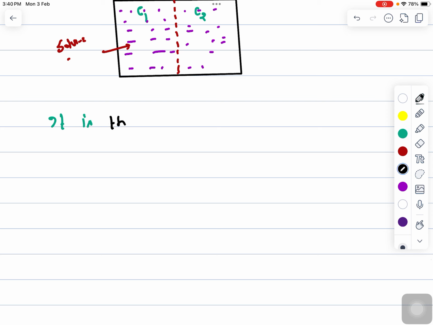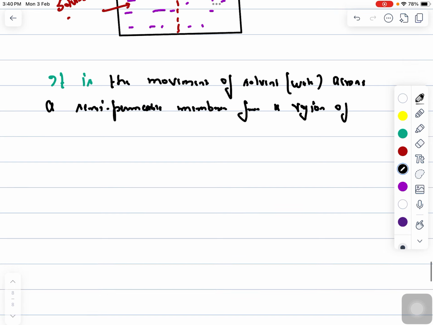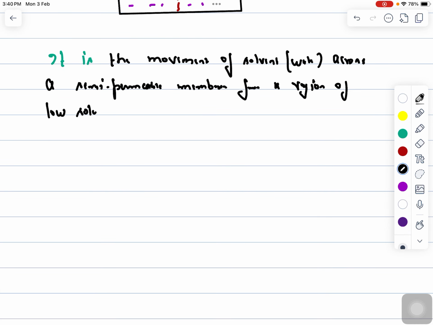So it is the movement of solvent, if I am taking the solvent as water, across a semi-permeable membrane from a region of low solute concentration to a region of high solute concentration.